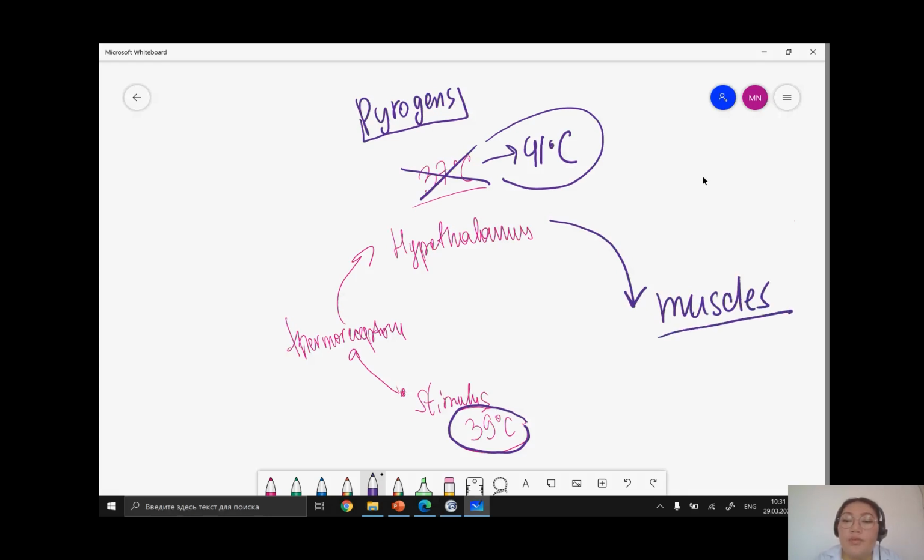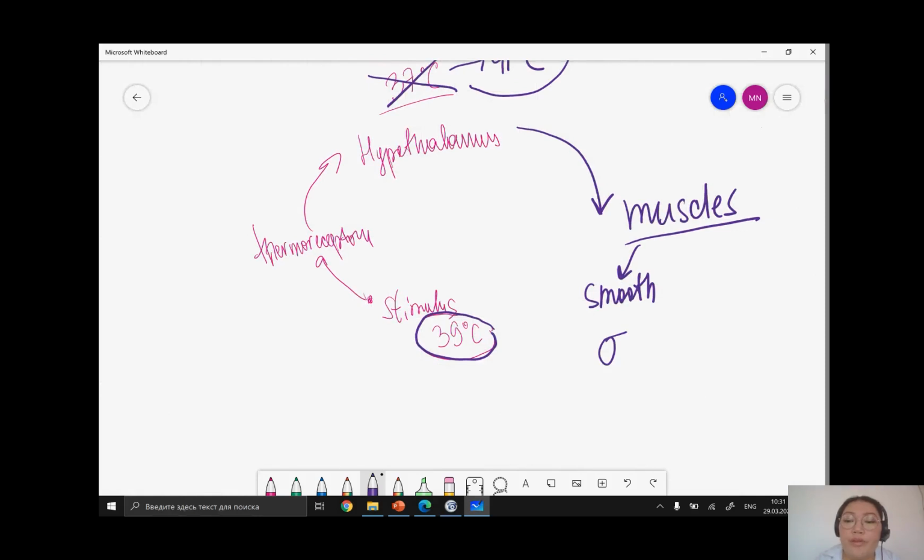Okay, to skeletal muscles and smooth muscle tissue. In the smooth muscle tissue, within the vessel wall, the lumen of the vessel will be decreased. We have the vasoconstriction.